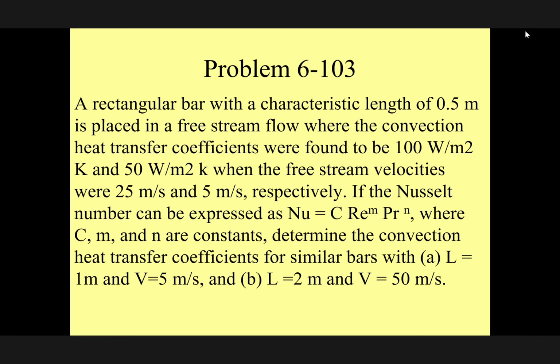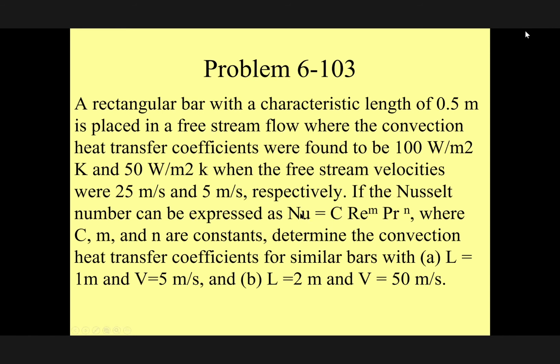Therefore, I can write this expression for the two scenarios. I call it Nusselt number 1, Reynolds number 1, Prandtl number, and Nusselt number 2, Reynolds number 2, and so on. The C remains constant. Therefore, I have two scenarios, 5 meters per second and 25 meters per second, and I know the heat transfer coefficients.